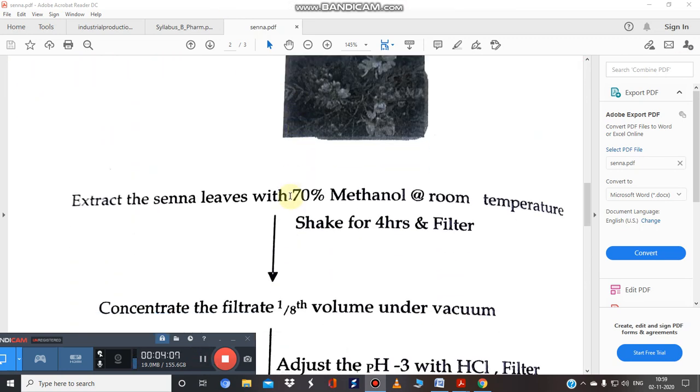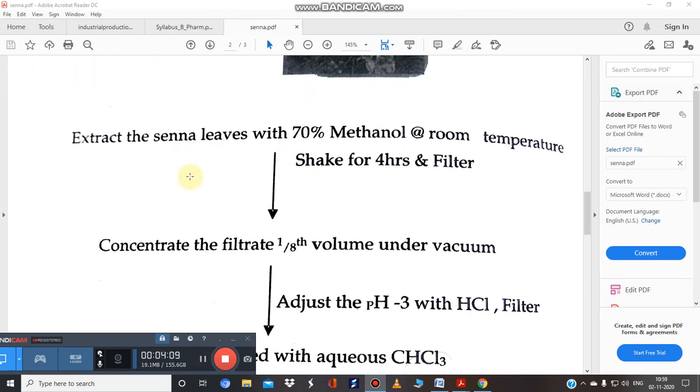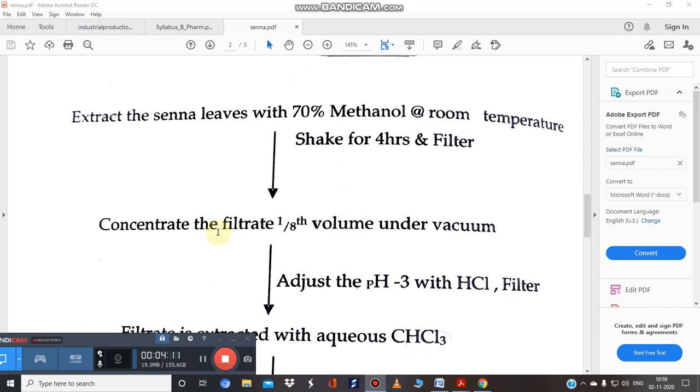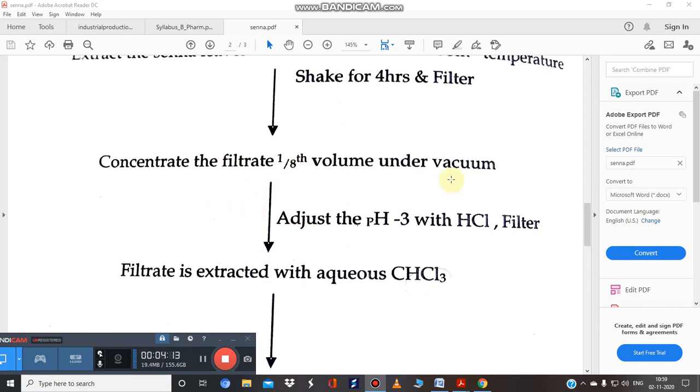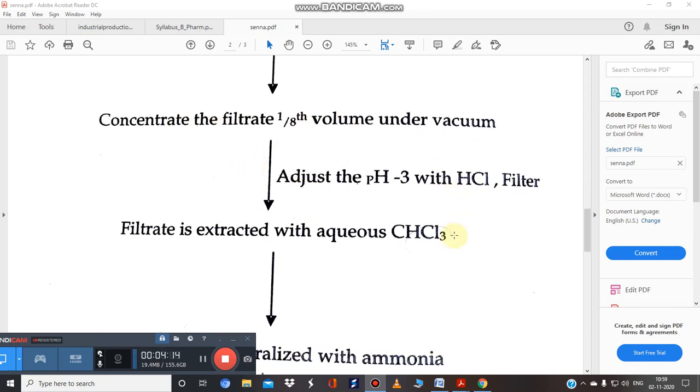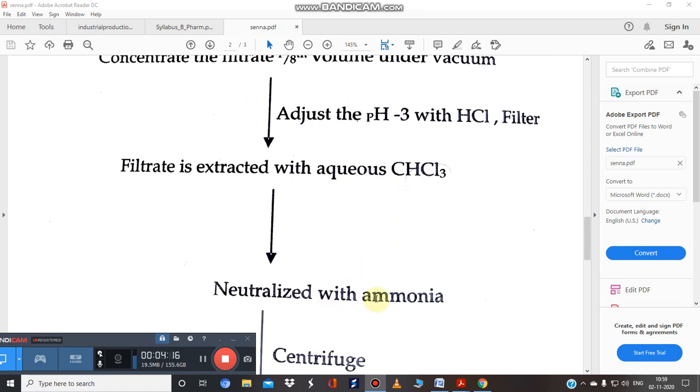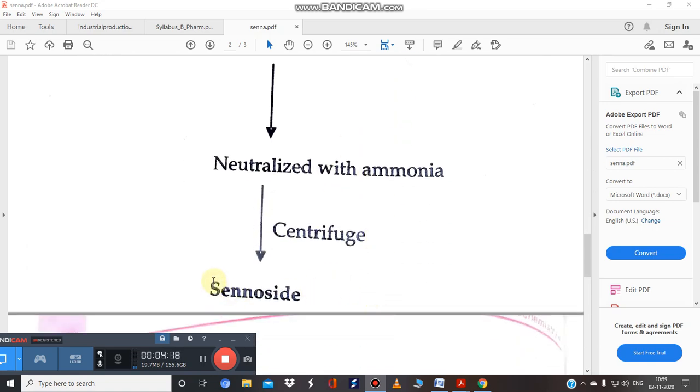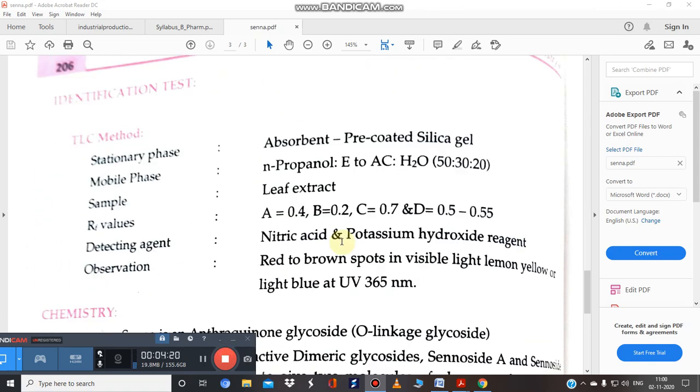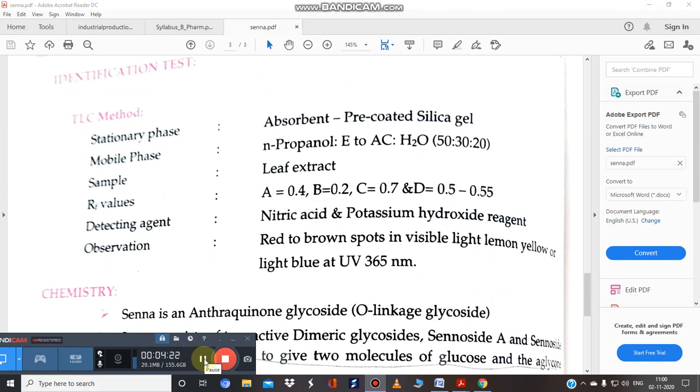Again, see the procedure. Drug is taken, extracted with methanol, concentrated to 1/8 volume, pH adjusted with the help of HCl, extracted with chloroform, neutralized with ammonia, centrifuged, and senoside is obtained. Identified using TLC. So let's see its estimation now.